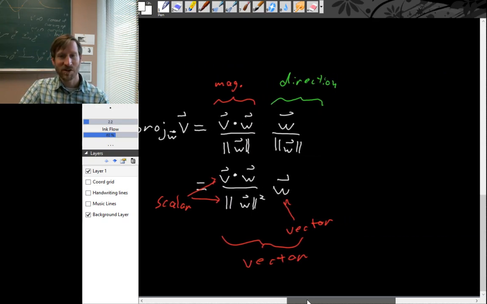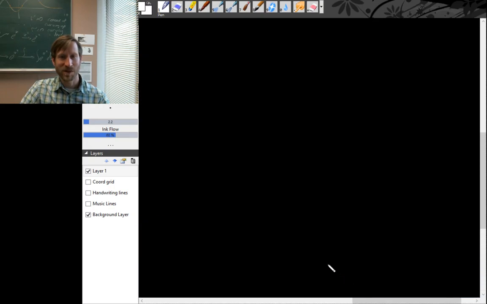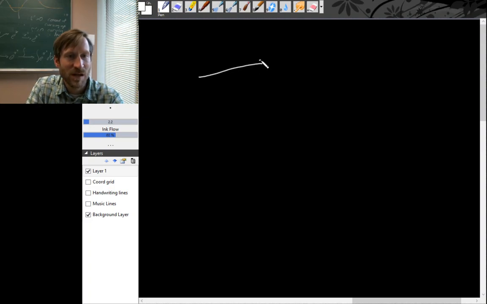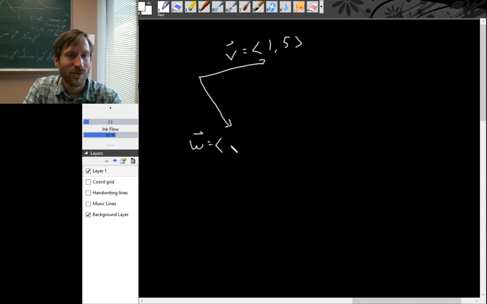As an example, let's pick a couple of vectors and see what happens when we flatten one onto the other. Maybe v could be 1, 5, and w, let's say, is 2, -4.